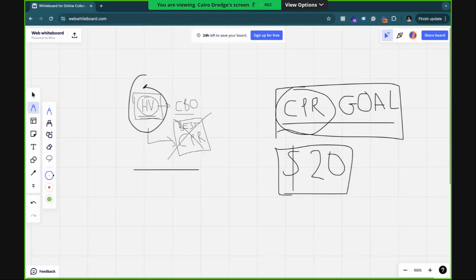Okay? And that's a big difference, because here the algorithm, and this is what a lot of people get confused on, they might be saying, well, why is the algorithm spending all the budget on the ad that isn't even the best ROAS or the best cost per purchase or the best cost per lead?